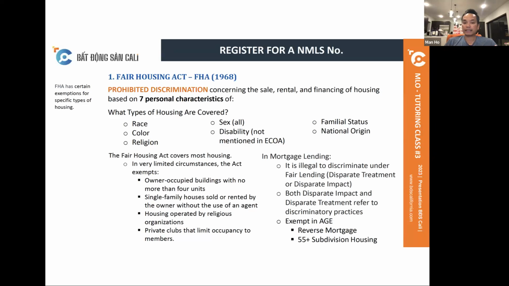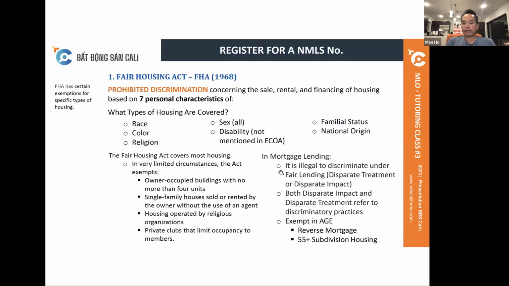So that is one of the exemptions: housing operated by a religious organization. Also private clubs that limit the occupancy to their members, meaning if they have a club and they only sell to members of the club, and they don't sell widely to everybody.